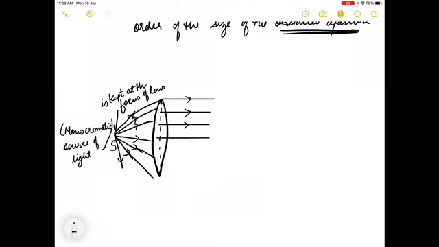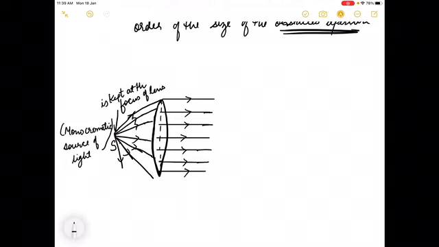Now what does that mean? See, parallel rays means your rays are actually coming from a very, very far away distance, right? That is something which you have to understand. So we can very comfortably say that parallel beams mean the light rays are coming from very, very far away, or I should say infinity, right?